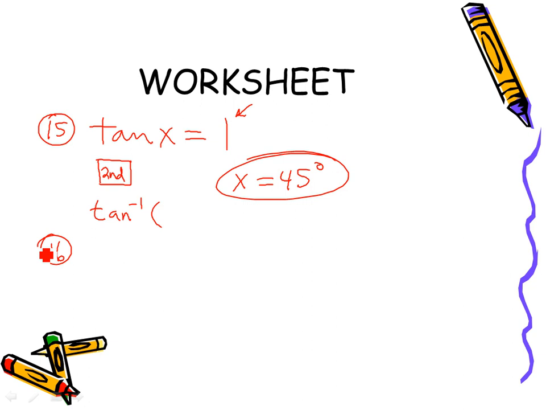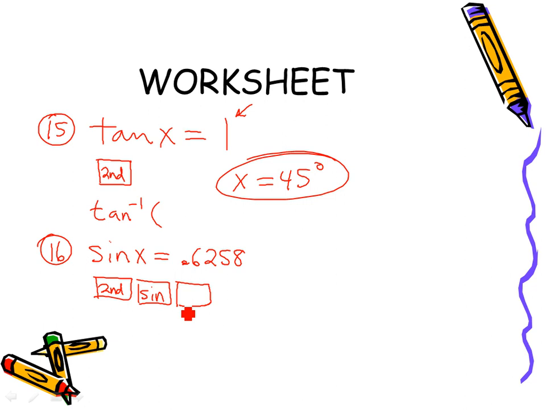So number 16, they tell us sine of x equals 0.6258. So on our calculator, we hit second sine, and again it pulls up that sine -1.